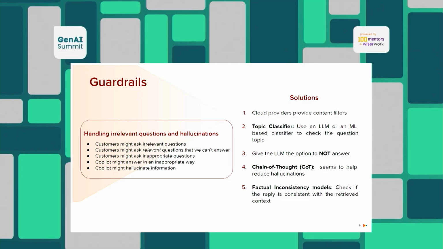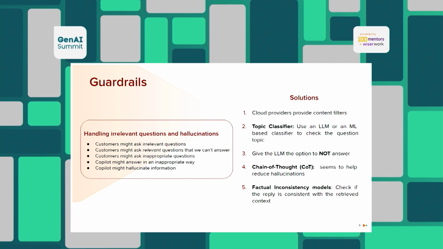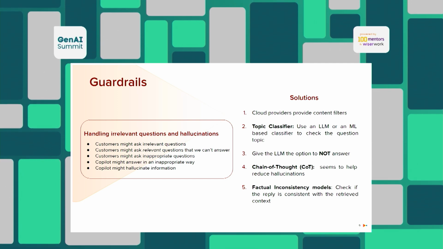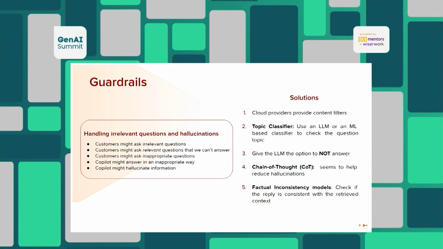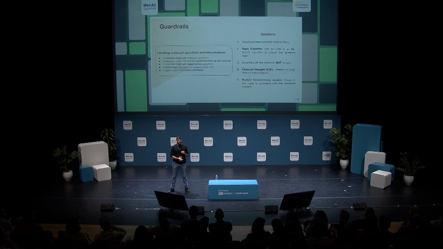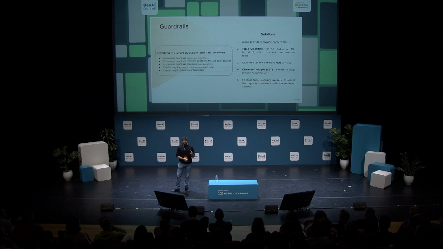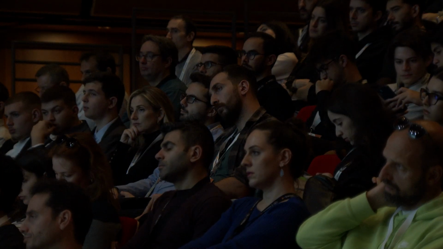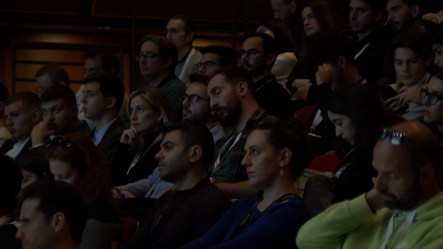So, for example, in a classifier, you tell it if you can't classify this or are not sure, say I don't know or unknown. And another technique that helps is chain of thought, where you ask the LLM first to go through the thinking process of how it reaches its conclusion and then generate whatever it's going to generate. And this tends to both reduce hallucinations and improve your results.